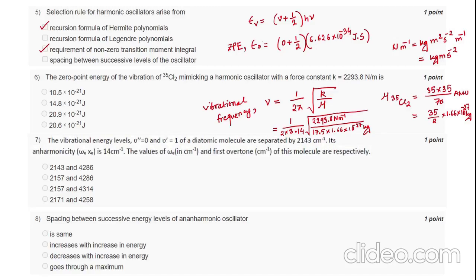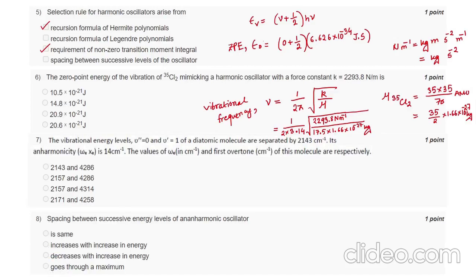Am I making any mistake? Yes, it should be Newton per meter.